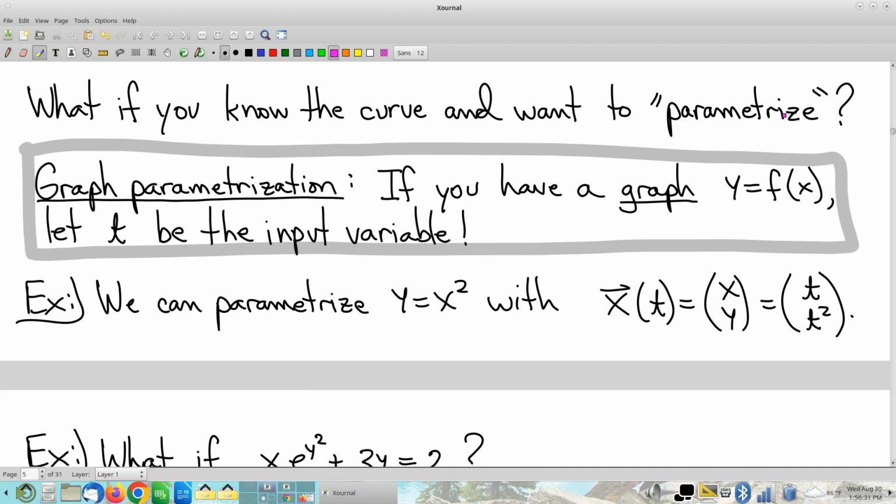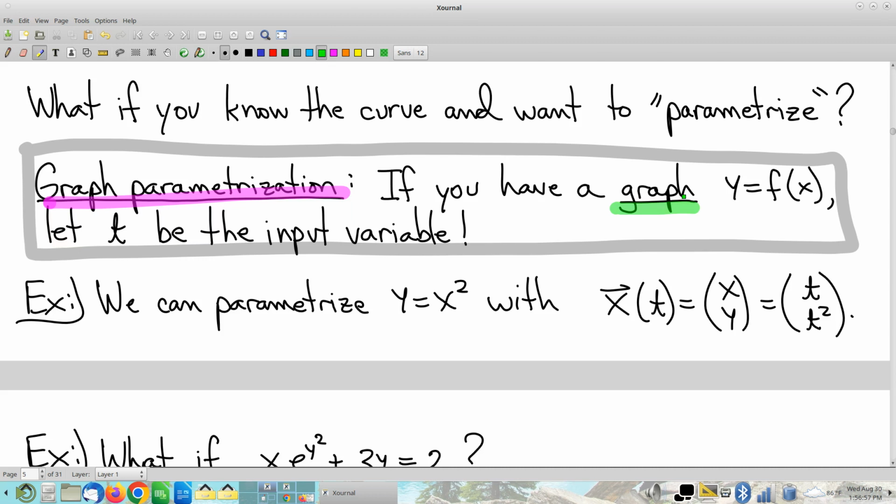And again, there are many different methods, and I can't give you an exhaustive list, but I'm going to give you a good set of tools for your toolbox. This is my favorite one to start with, what I call the graph parametrization. The graph parametrization works only if your curve is a graph, and I emphasize now this is a specific and particular thing.